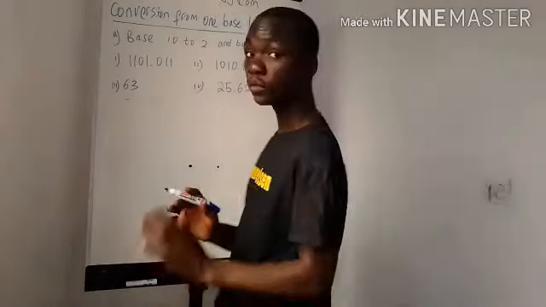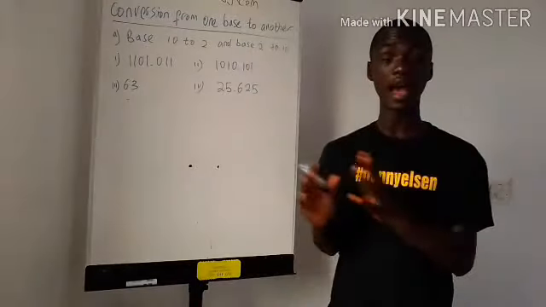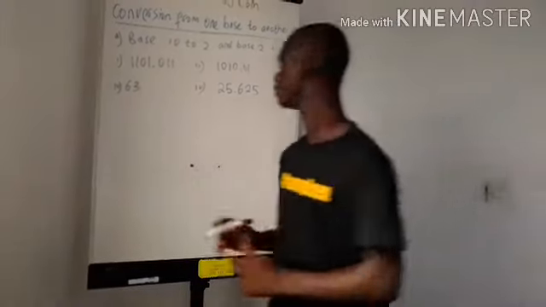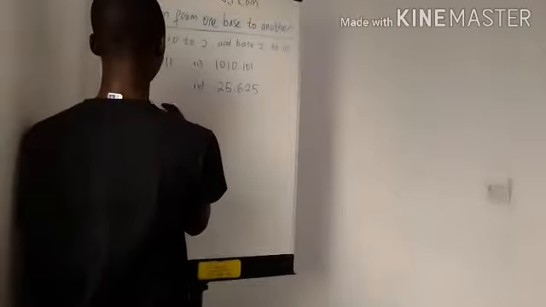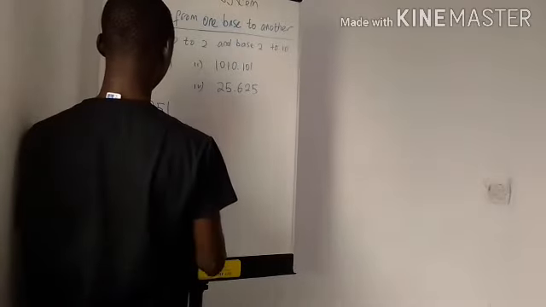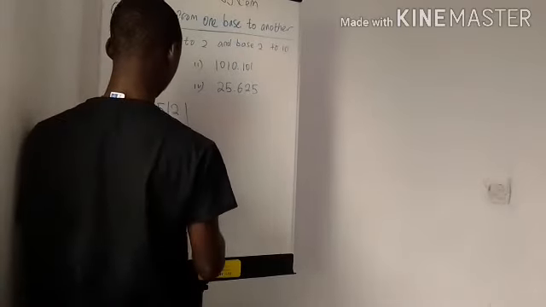So now, first of all, deal with the decimal part, and the fractional part we'll deal with later. We all know that for the decimal part we're going to do division by 2.